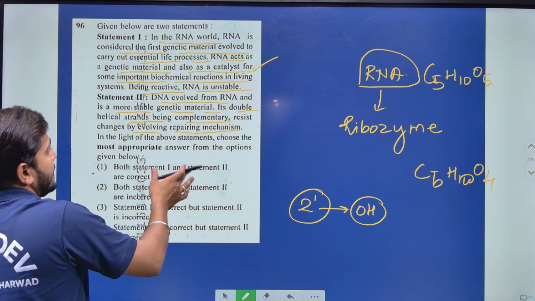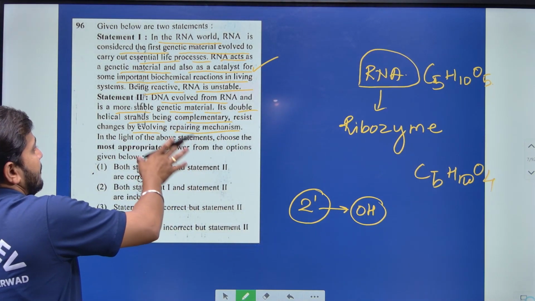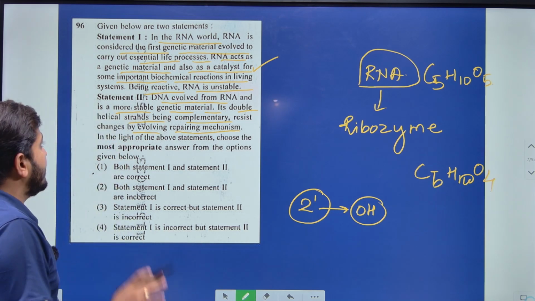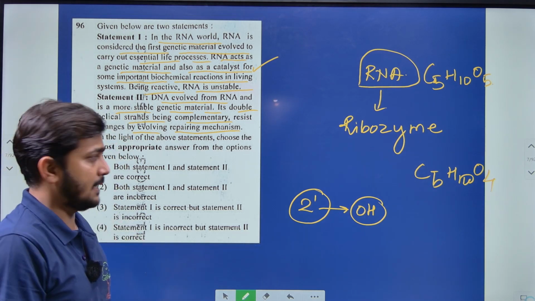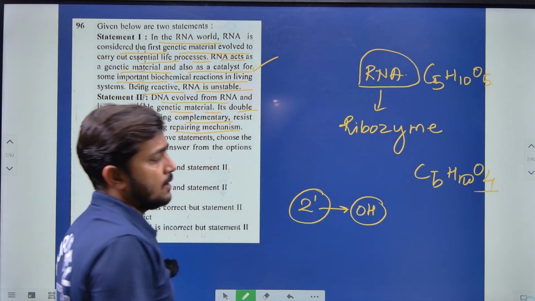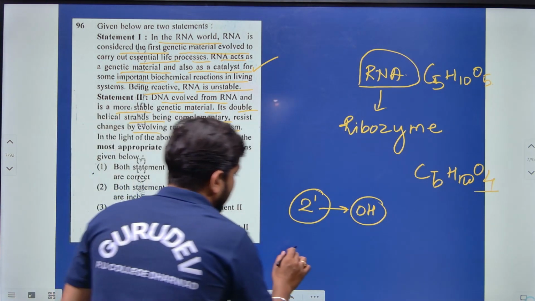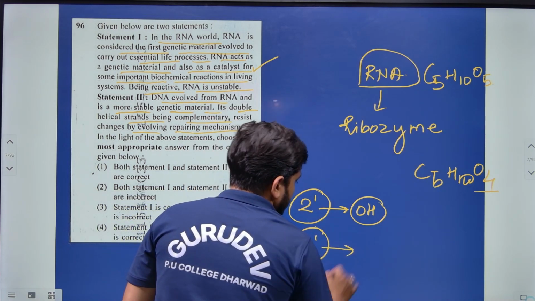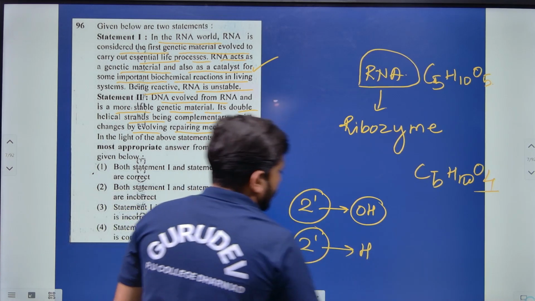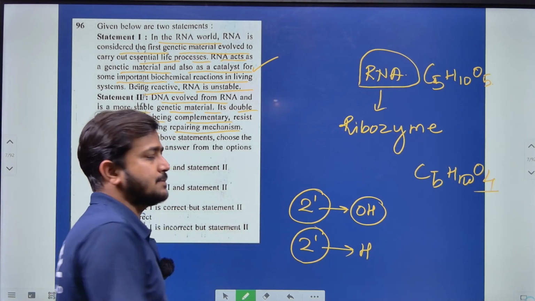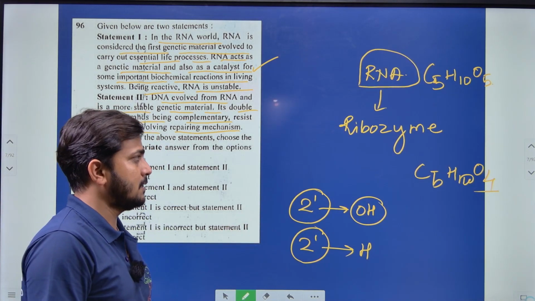Statement 2, if you consider, DNA evolved from RNA only, and is a more stable genetic material, because we know there is one less oxygen. At the second position of the carbon of the pentose sugar, there will be only a hydrogen group, so there is an absence of this oxygen.